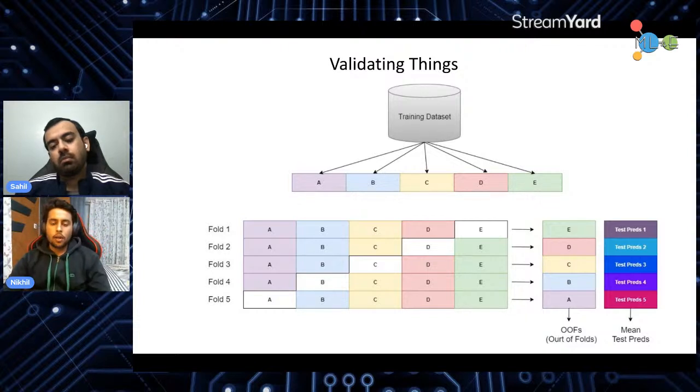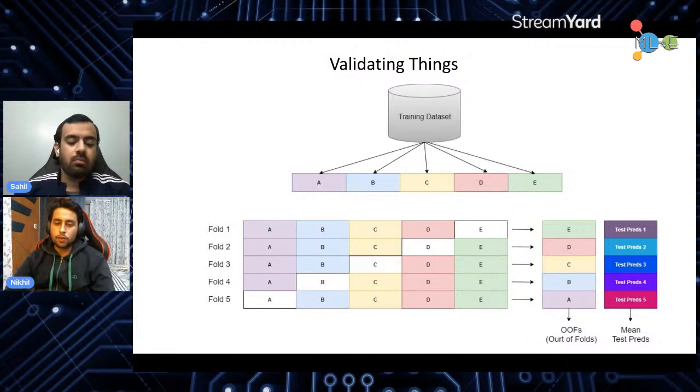So, what we did in validation was we used k-fold validation. K-fold validation is nothing but splitting the data into k different parts. When you split the data into k different parts, you can take one part out for testing and combine the rest of the parts and use them for training the model.